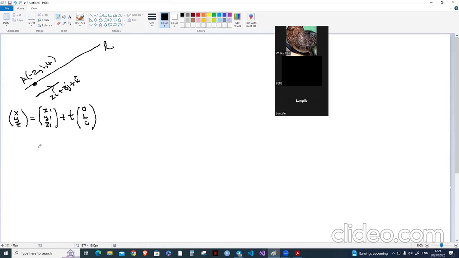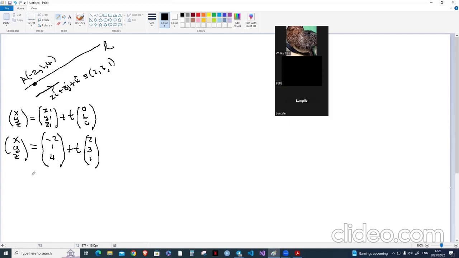So in this case, our equation will be (x, y, z) is equal to, this is the point on the line, in this case (-2, 1, 4), plus t times a vector that is parallel to the line. In this case, this can also be written as (2, 3, 1). Then we're done.